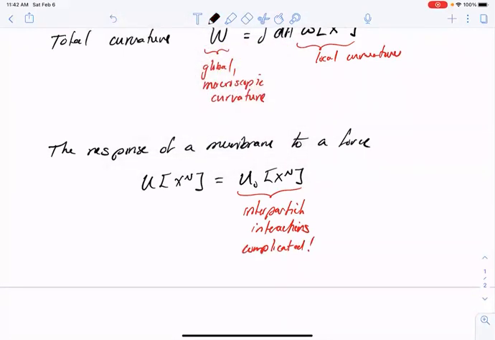And add to it a constant force, which is conjugate to the total curvature. Some sort of bending force.